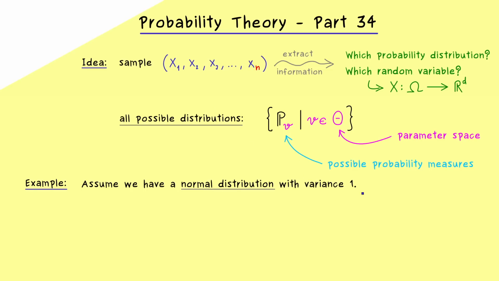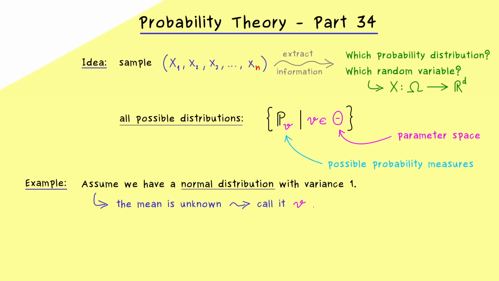And we can make it even simpler by assuming that the variance of the normal distributions is always equal to 1. But on the other hand, the mean is unknown, which means we can choose it as our parameter. Hence, in this example, the mean of a normal distribution will be denoted by theta.